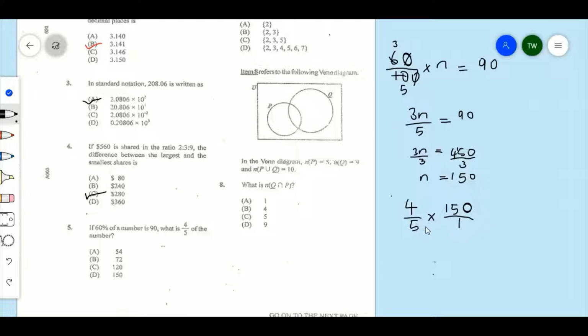Here, we are just basically multiplying two fractions. So we can reduce. 5 into 5 goes 1. And 5 into 150 is going to be 30. And 4 times 30, that's going to be 120. So the final answer would be 120, and in this case our answer would be C.